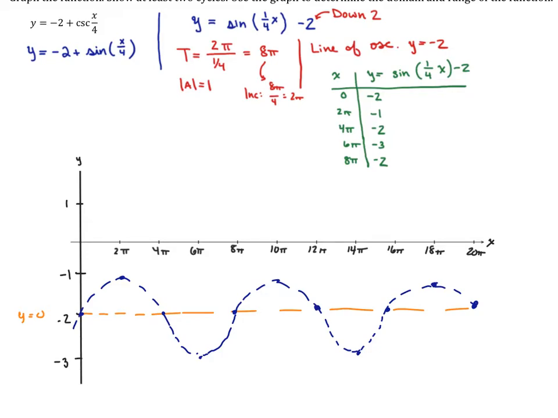Now let's find our vertical asymptotes, and that's where we cross the line of oscillation with our sine function.